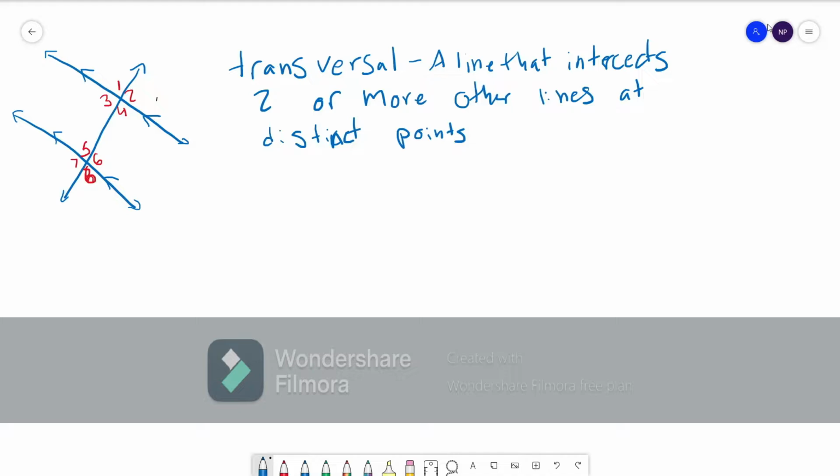So this thing over here is called a transversal, and you see where these numbers are, where they intersect? Those are your points, those distinct points it's talking about.